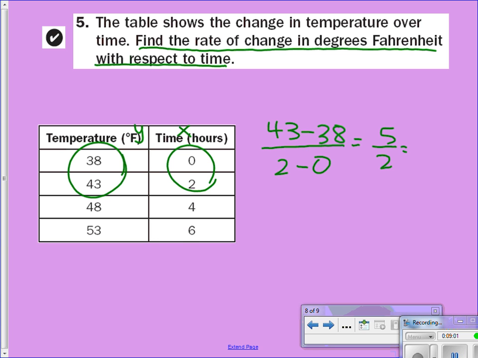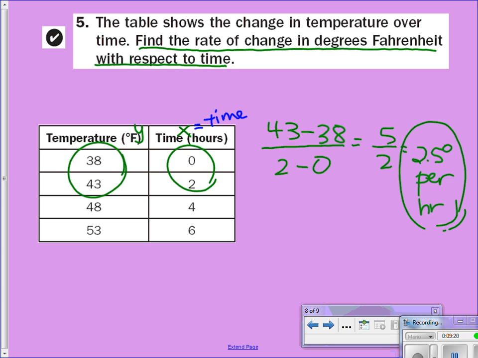And that change is 2.5 degrees per day, or I'm sorry, per hour, because that is our unit for time. As a standard rule of thumb, time is always your input, always, always. But that's how you would write your rate of change. You need a label with it every time.